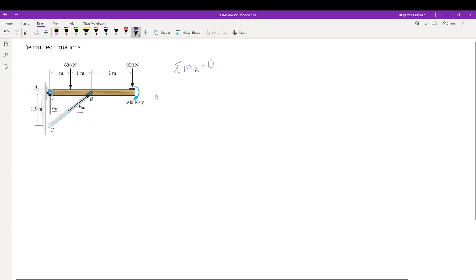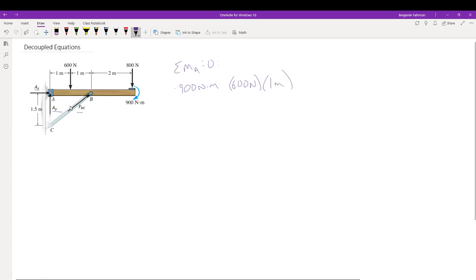So what's causing a moment about A? Well, this 900 Newton meter couple moment is causing a tendency to rotate everywhere, so we need to include that. It's 900 Newton meters, and I said it's negative because this is showing a clockwise rotation. Now, the 600 Newton force is also causing a tendency to rotate about A. That will be 600 newtons times, that's acting at 1 meter away.